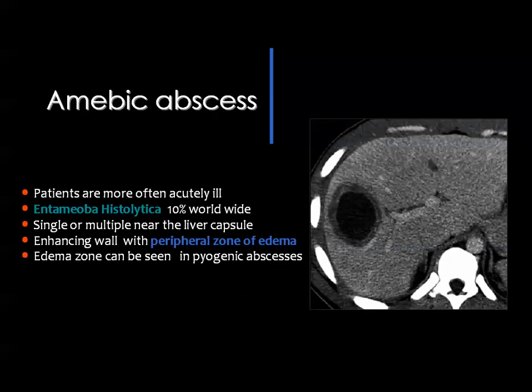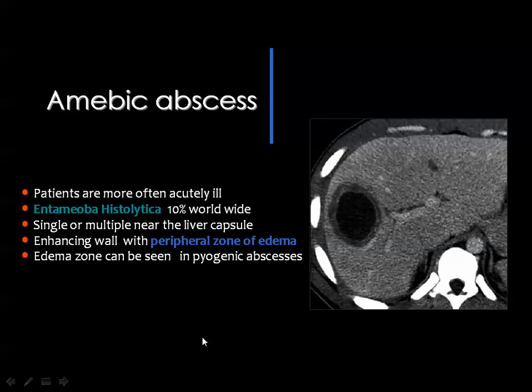Sometimes the literature says that in order to discriminate between pyogenic and amoebic abscess, you should look for the halo of edema around the abscess, and this will support the diagnosis of amoebic abscess.